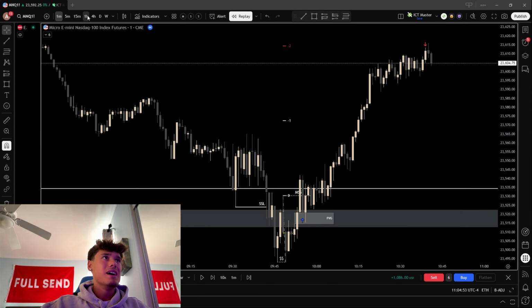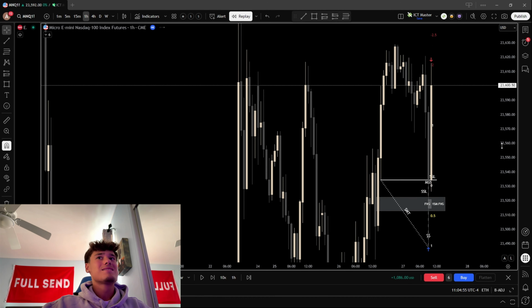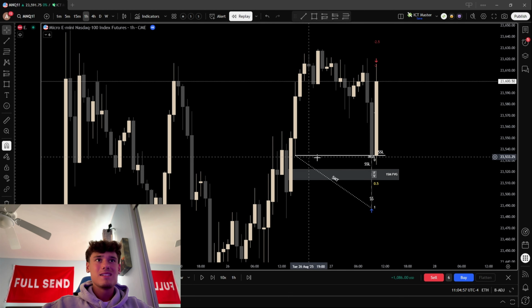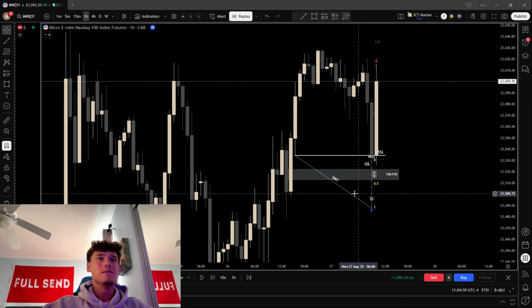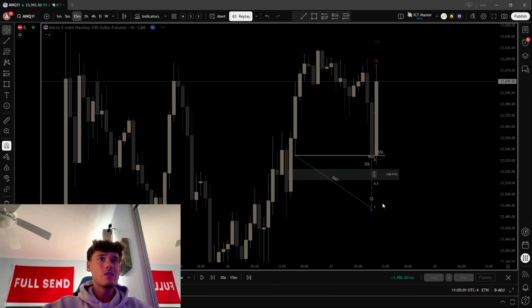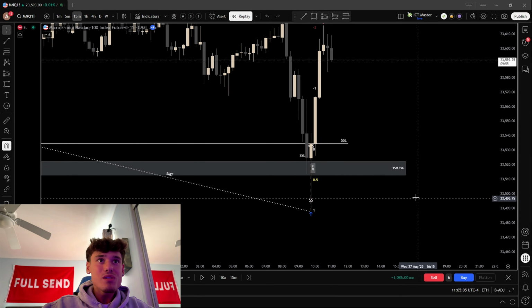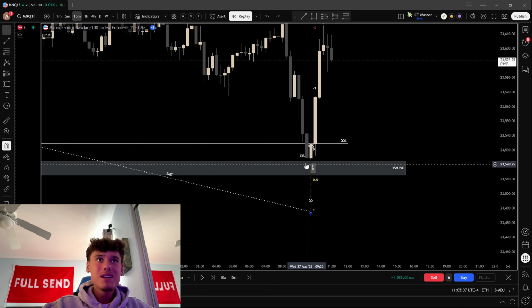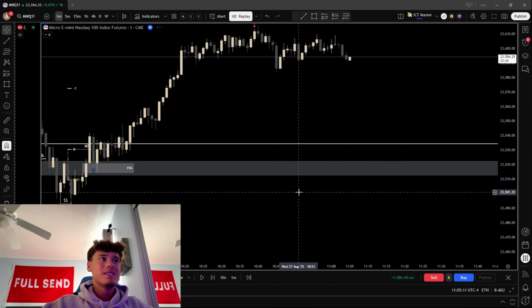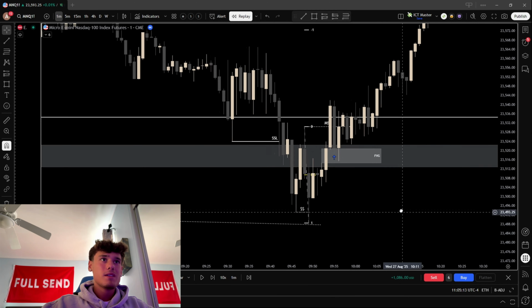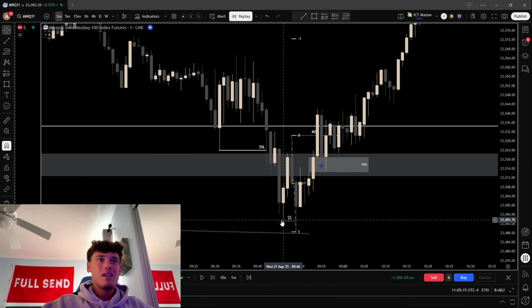So align the assets. Look how beautiful this is. Sell side, SMT, 15-minute fair value gap. Once this 15 gets put in place, look how beautiful it got respected. Just wicked on the 15-minute time frame. Beautiful. Then 1 minute, sell side, taken. Manipulation, taken.